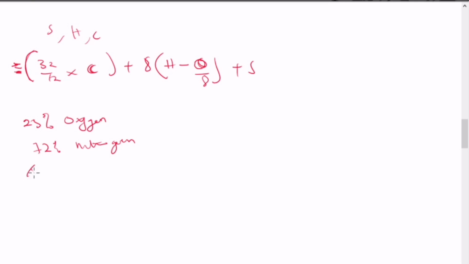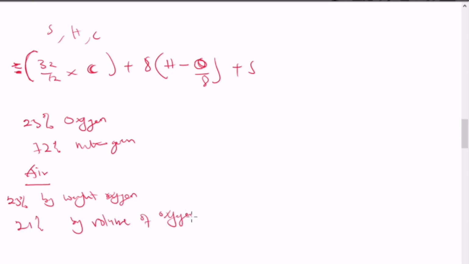Air contains 23% by weight of oxygen, and 21% by volume of oxygen. So we have 23% by weight of oxygen and 21% by volume of oxygen.